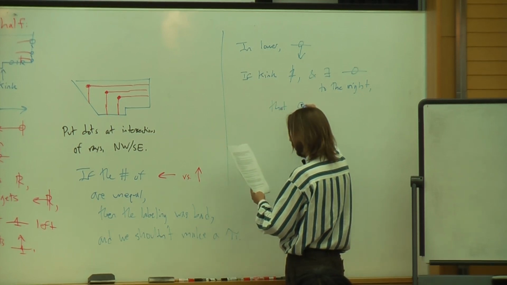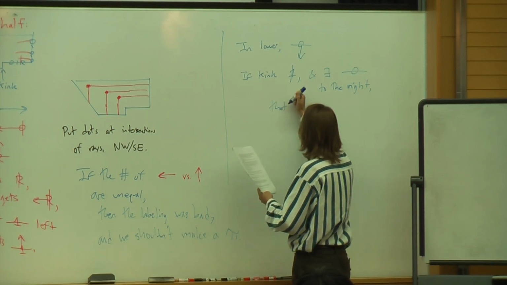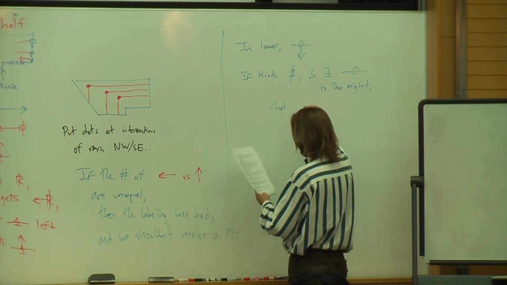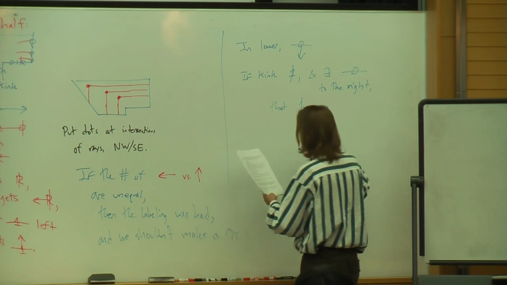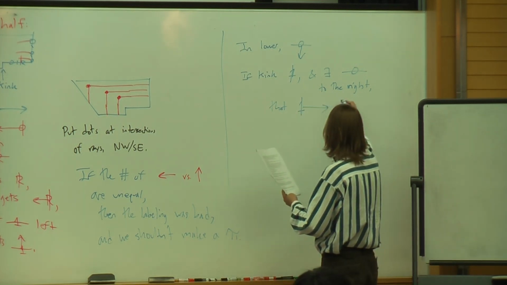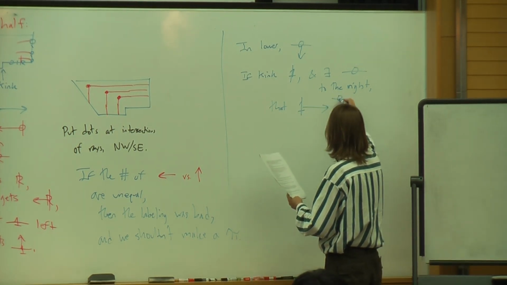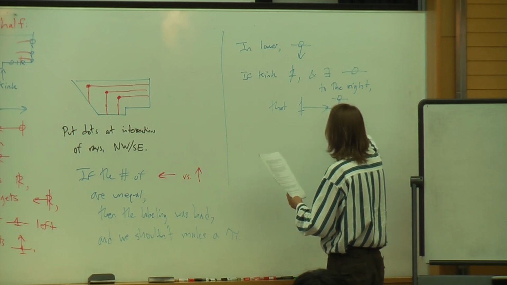that 0, the 1 gets a ray, and of course there was that 0 that was getting a ray down, and those are going to meet at the dot.